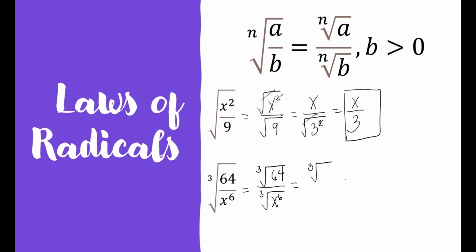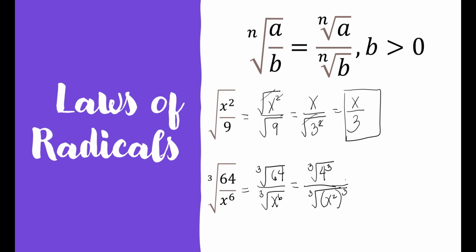64 is equal to 4 cubed, or 4 times 4 times 4, and that is 64, divided by the denominator, which has a radicand x raised to 6, is equal to x squared cubed.